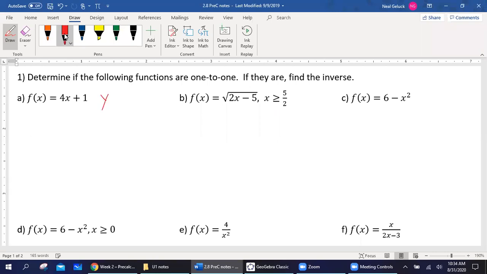And how do we find the inverse then? Well, think of f of x as your y. As I mentioned, an inverse basically flips the x's and y's. So algebraically, I'm going to do that. I'm going to call this x and this y. And now I'm just going to solve for the new y. So if I subtract 1, I've got x minus 1 equals 4y.